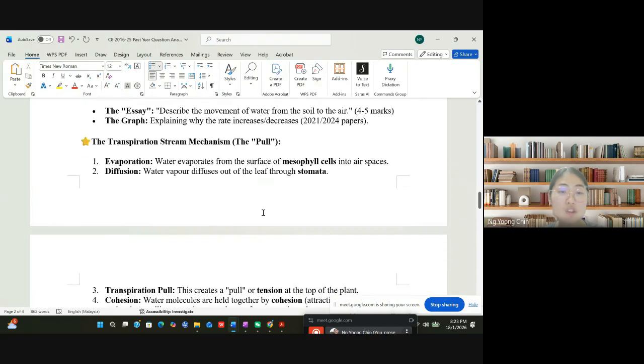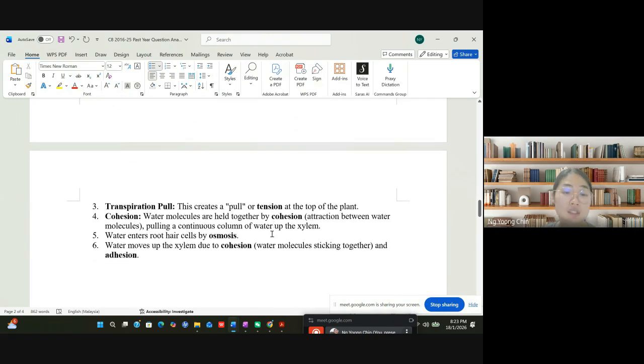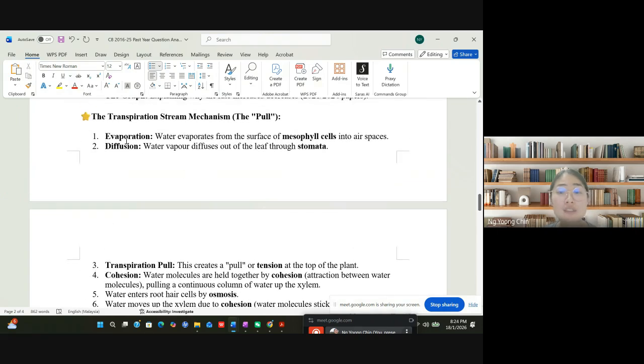And then transpiration, right? Okay, you should know how to describe the process in transpiration, which is starting from the evaporation. First, water evaporates from the surface of mesophyll cells. The keyword, okay, write down the keyword: evaporate from the surface of mesophyll cells into the airspace. Later, water diffuses out to the atmosphere through stomata.